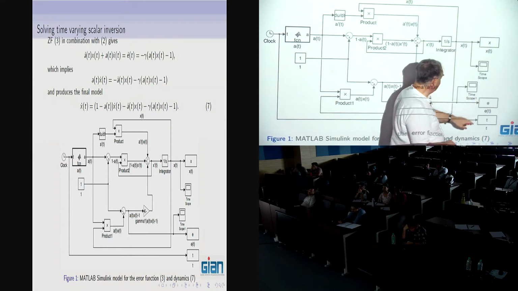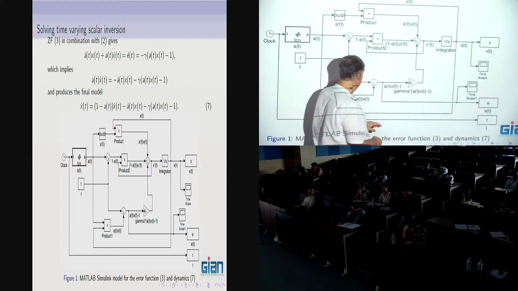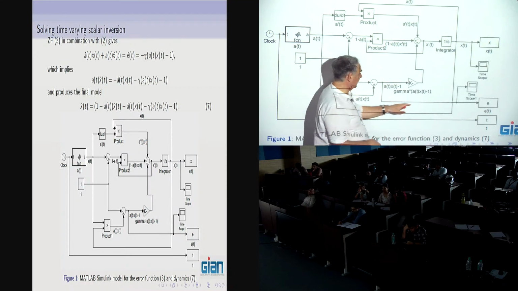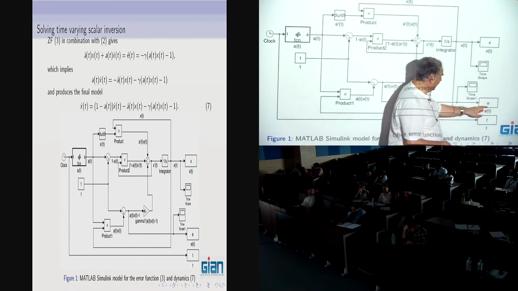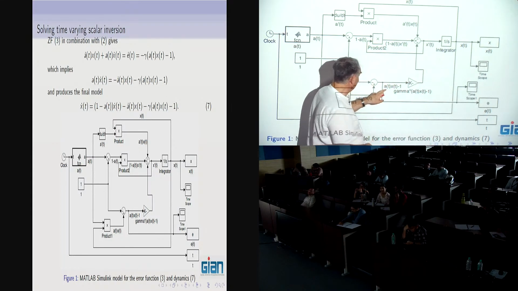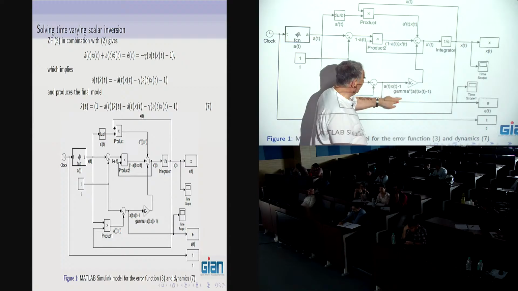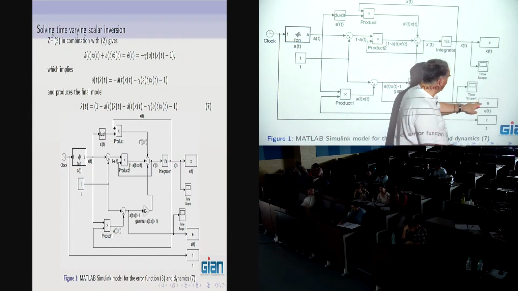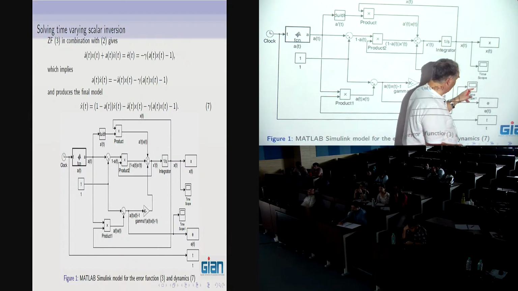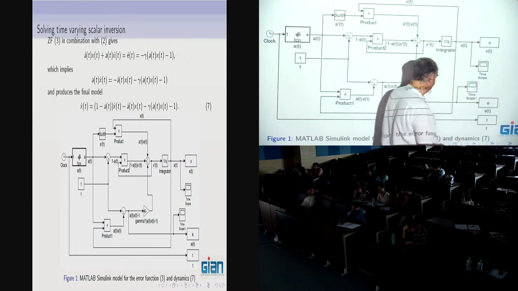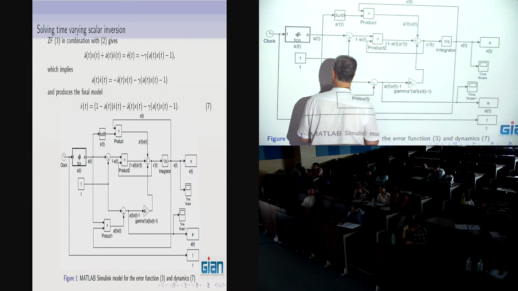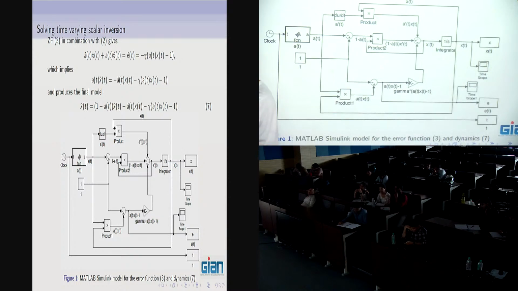We can use norm. We can use the error function. The error function is ax minus 1. Present the error function. Plot the graph of the error function. It is our first model.